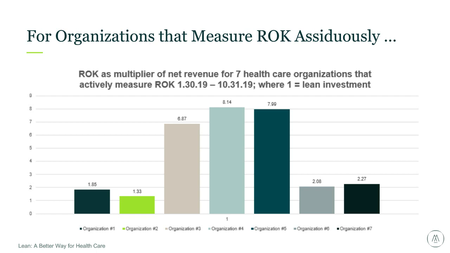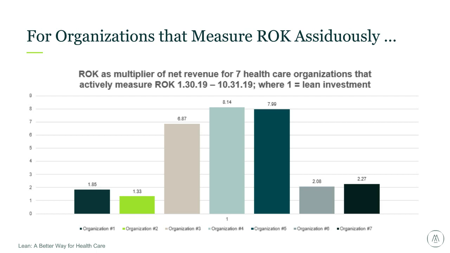They rigorously go at 30, 60, 90 days post-event to ask, how are we doing? When you go back and look 6 months later, how are we doing? And keep checking, check, check, check. Are we getting the desired results? Is the trend line on that improvement work going in the right direction? We see that an organization can throw off upwards of 5, 6, 7, 8 times their investment in what they're doing in Lean.